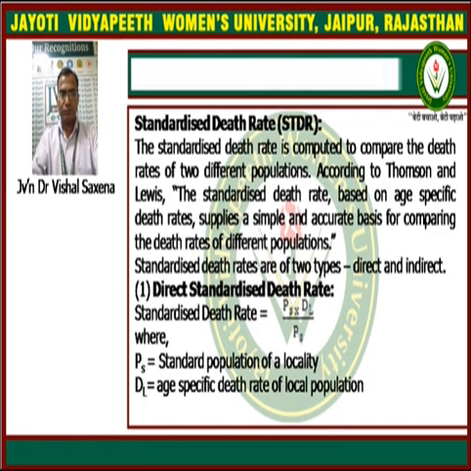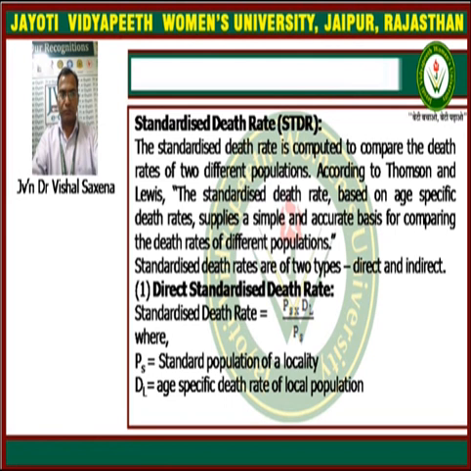So that is the concept of the age specific death rate. And now we have the concept of STDR, which is known as the standardized death rate. As we have already discussed, the standardized death rate is computed to compare the death rates of two different populations. So we can use this concept of standardized death rate to compare the death rates for two different populations.